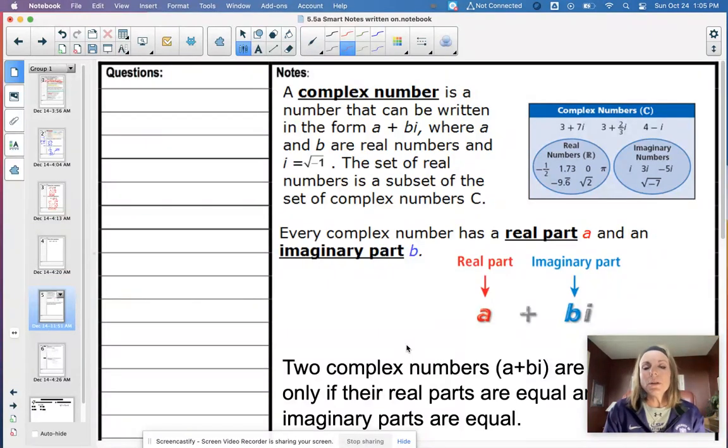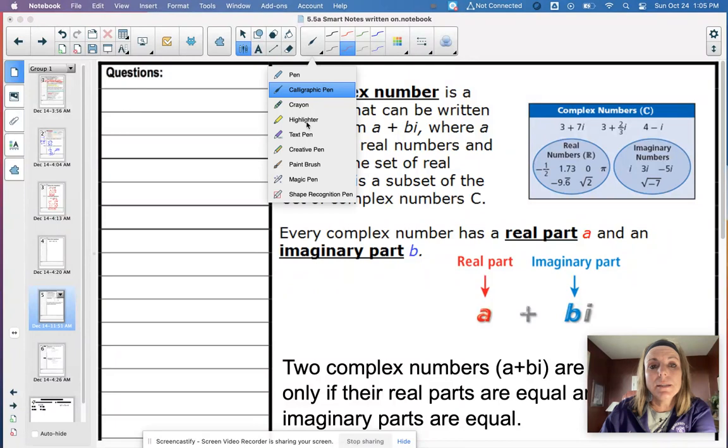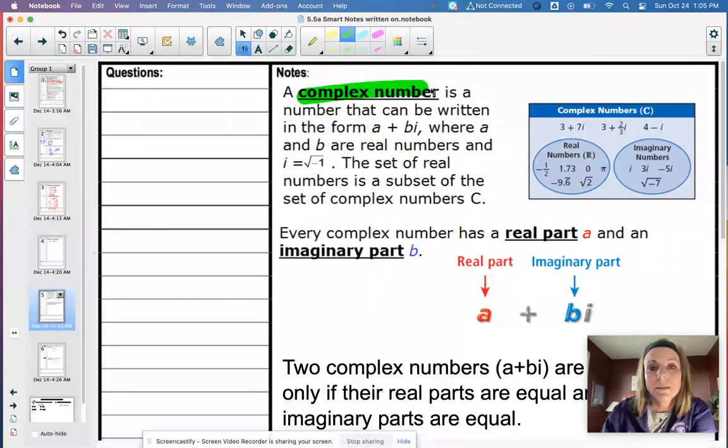Now we're on to something a little different, but we're still talking about the i, imaginary numbers, which is called a complex number, a number that can be written in the form a plus bi.